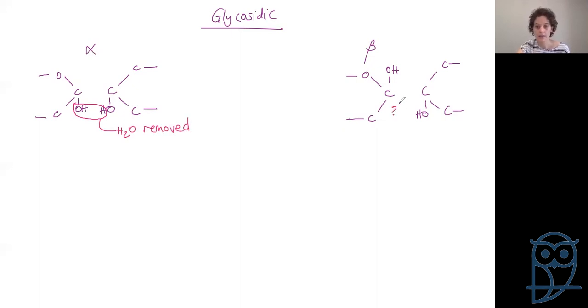Here, we've got a problem. We can't do this and have our OHs not lined up next to each other. Remember, an enzyme is going to hold these molecules together, but it's still catalyzing by holding them together, so they've still got to be close to each other. So what we've got to do is flip this second molecule.